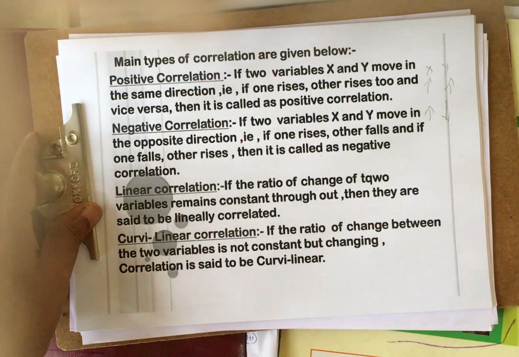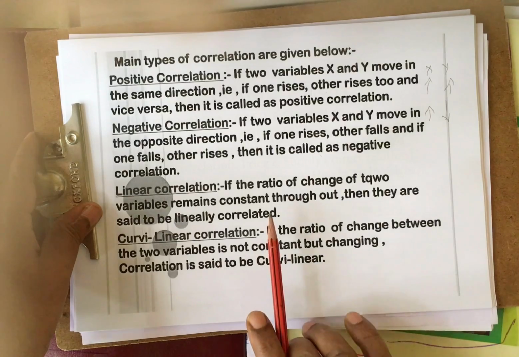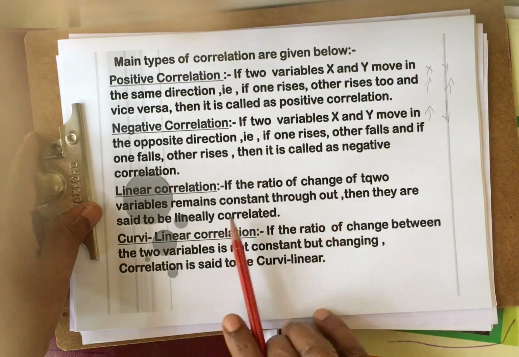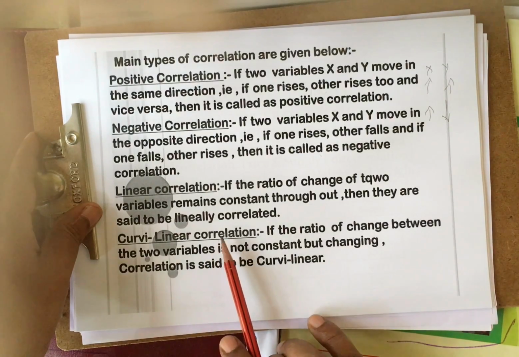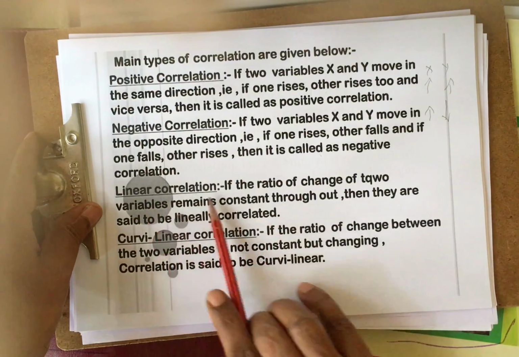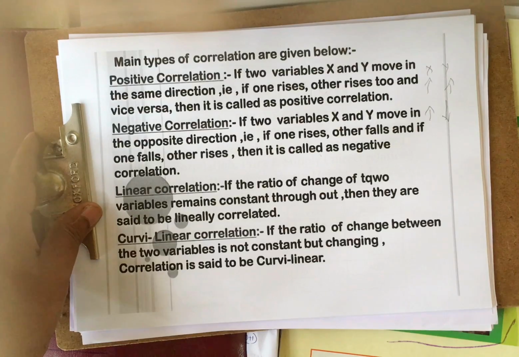For example say 2, 4, 6, 8, they also change in a constant proportion. So in both x and y, the ratio of change remains constant throughout the series. At such a time we will get the linear correlation. If you draw the line, it will come either as a straight line upward or downward. If it goes upward, positive relation. If it comes downward, that is a negative correlation.